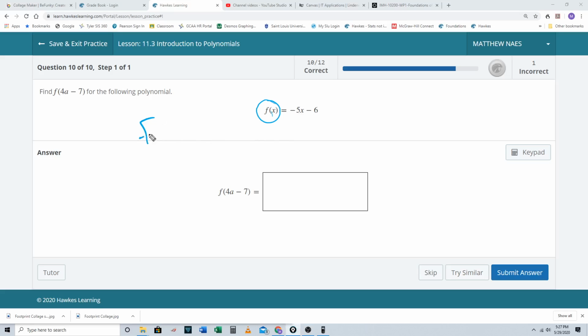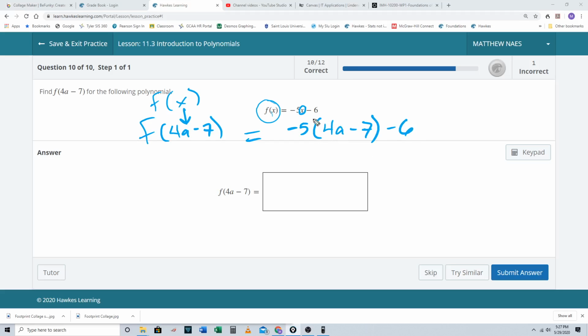They want you to find f of 4a minus 7. So what happened to the x? x got replaced with 4a minus 7. So we're going to do the same thing with this x. We're going to replace it with 4a minus 7. So that x becomes 4a minus 7. We leave the negative 5 and the minus 6 alone.